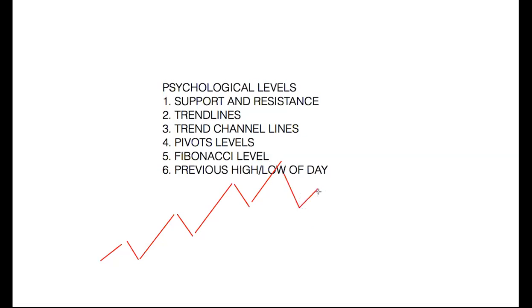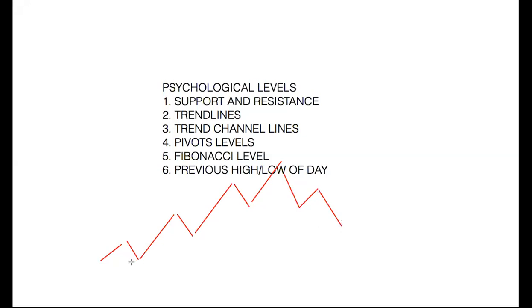Now, some persons rely on the indicators to tell them when this is about to happen. That is this area here. But we know that as price action traders, we don't need to wait for the indicator to tell us that this thing is going sour.